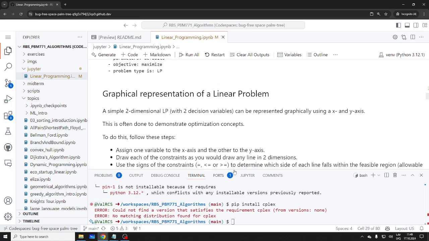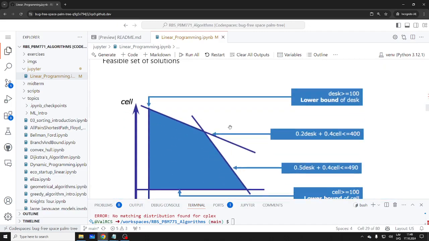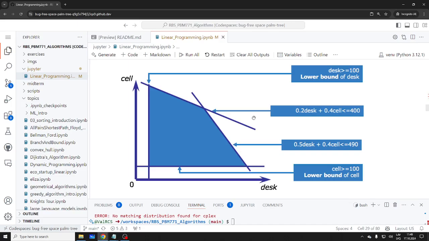But before we solve it, let's look at the graphical representation. So this is what we have, actually. We have two variables, X and Y. In this case, cell are C and D, cell are desk. We're trying to maximize. Notice here we have this lower area, we cannot go less than 100.